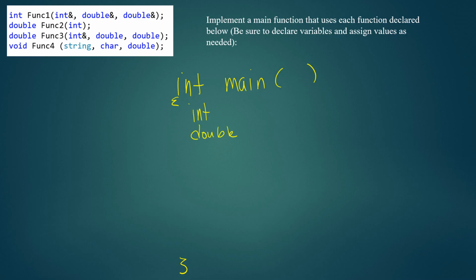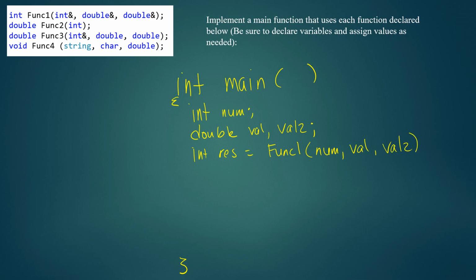So I'm going to call these int num, double value and value 2. Now I can say int result equals function 1, and pass it this integer variable, this double variable, and this other double variable. So I took care of that function.